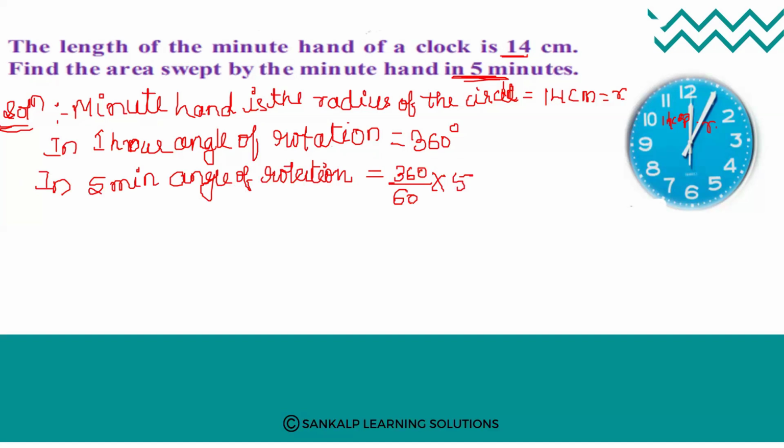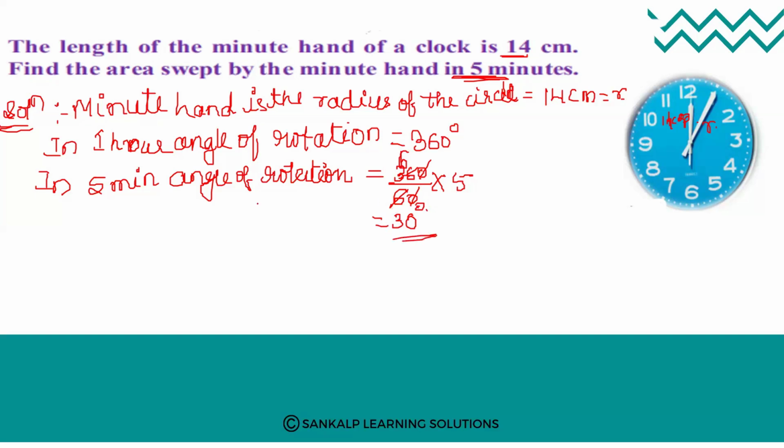The 0s will get cancelled. 6 ones are 6, 6 sixes are 36. So 6 into 5 is equal to 30 degree. So the angle of rotation in 5 minutes is 30 degree.